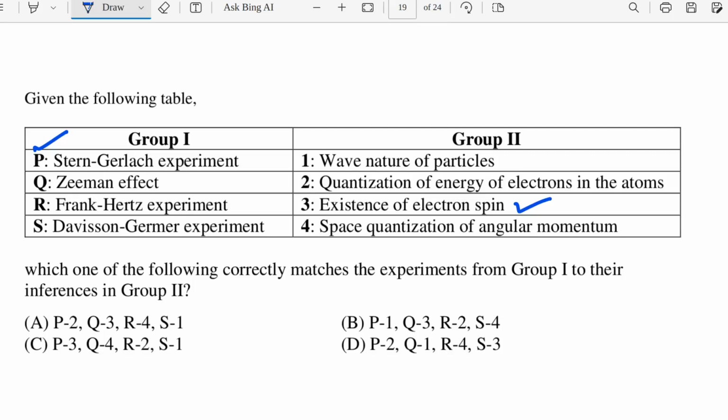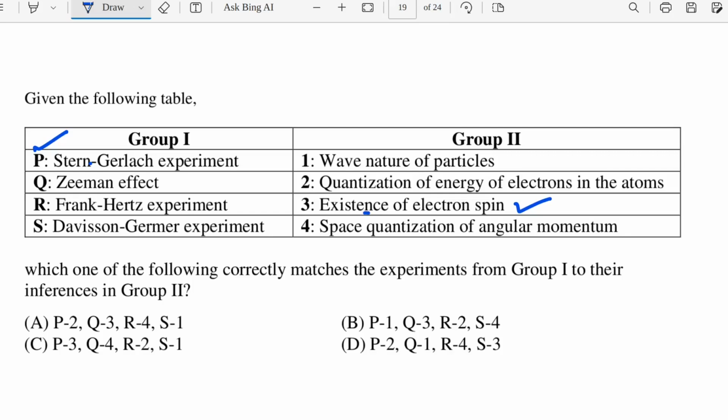Now coming to the options, if you know only one experiment very correctly, then you can get the correct option. But obviously we have to know all the other experiments also. As a trick, if any one of you knows the correct answer, let's say I know the Stern-Gerlach experiment very correctly, and I know its output is the existence of electron spin.